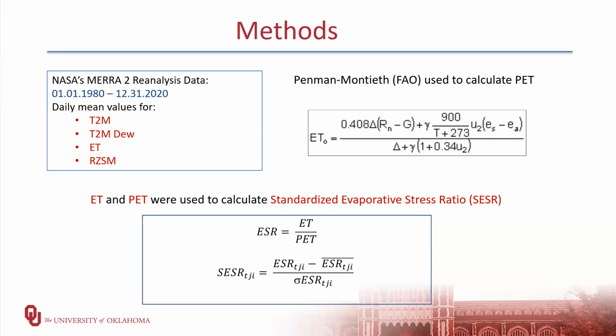There were some other variables that we used, but those are largely used to calculate our potential evapotranspiration using the Penman-Monteith FAO formula. Finally, we took the evapotranspiration and the potential evapotranspiration and calculated our standardized evaporative stress ratio, also known as SESR. SESR was developed by Dr. Jordan Christian as a way to measure atmospheric demand anomalies.